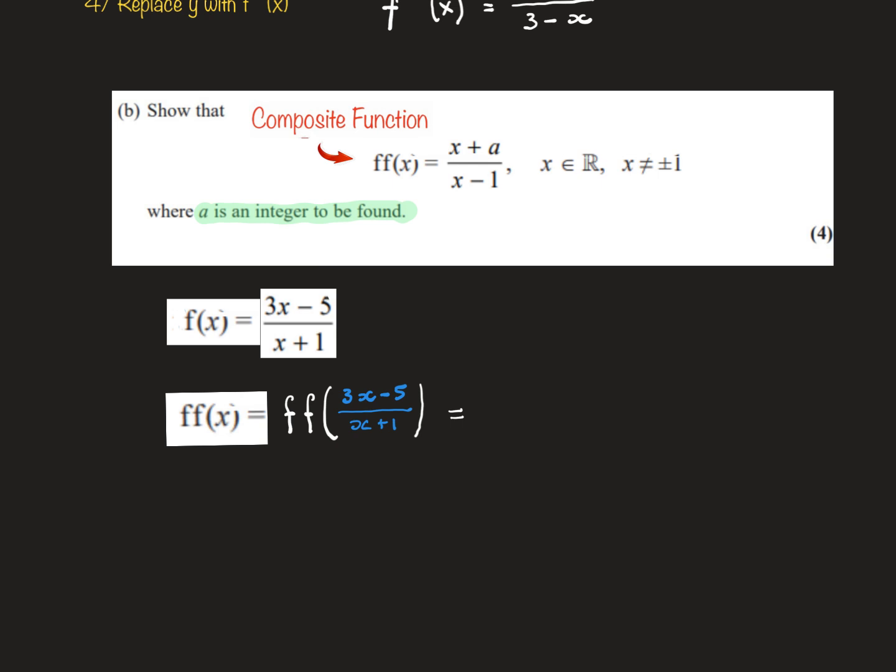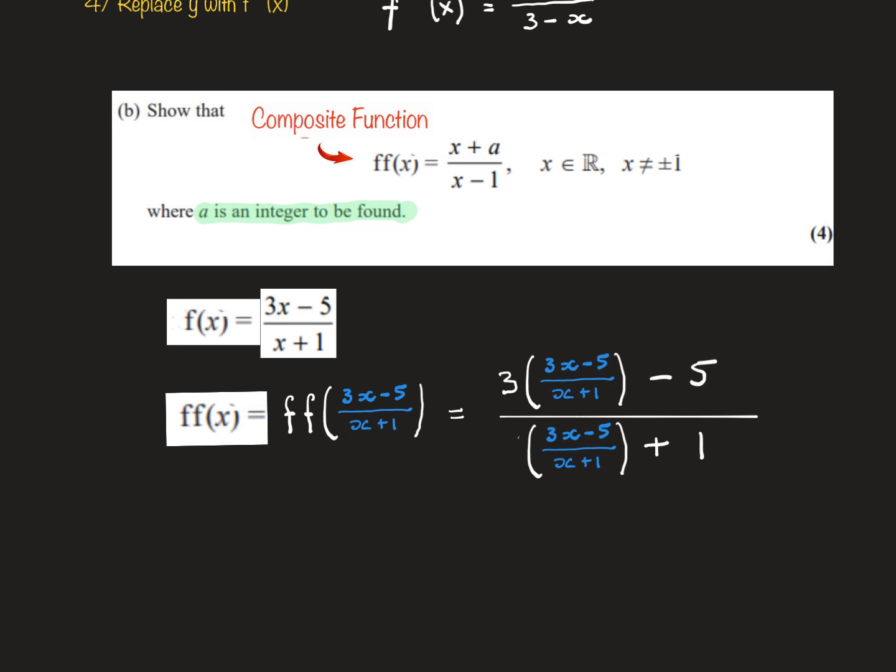So every time I see x, I'm going to insert 3x minus 5 over x plus 1, and that's minus 5. Now I need to divide this over with x. So one more time, insert 3x minus 5 over x plus 1, and then I'll add x plus 1.